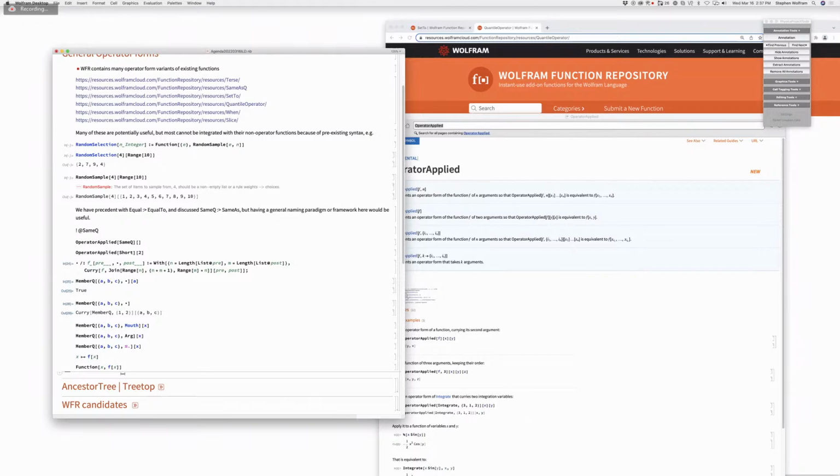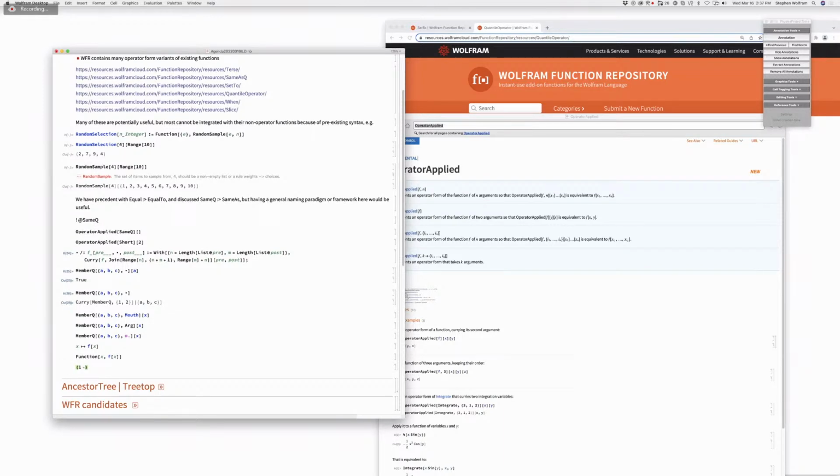Well, okay, so like a different mechanism. That's a bit like the De Bruijn indices. Yes, it is like De Bruijn indices.